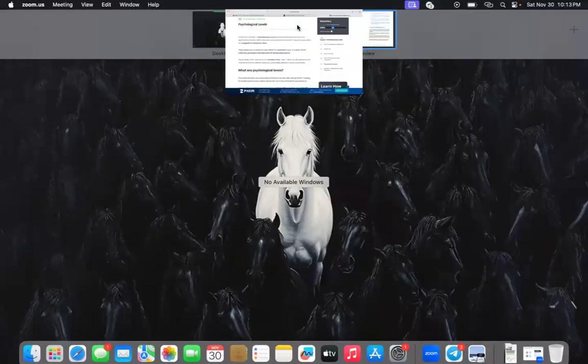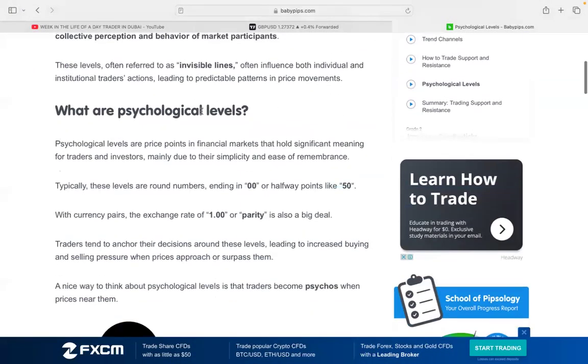So let's move. Now, what are psychological levels? Psychological levels are price points in financial markets that hold significant meaning to traders and investors, mainly due to their simplicity and ease of remembrance. Typically, these levels are round numbers ending in 00 or halfway points like 50.